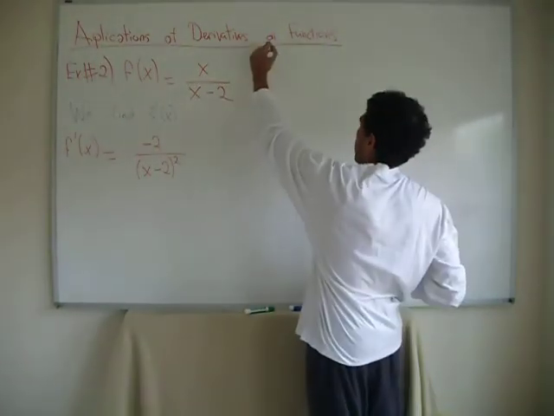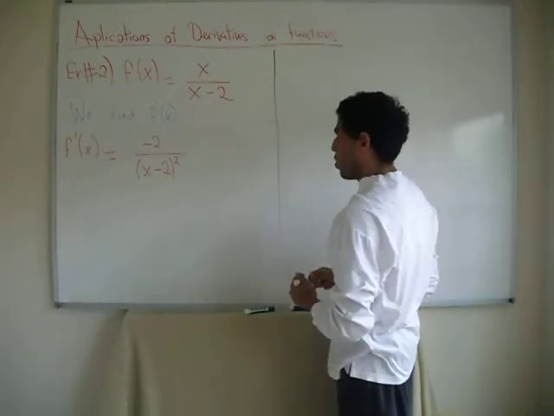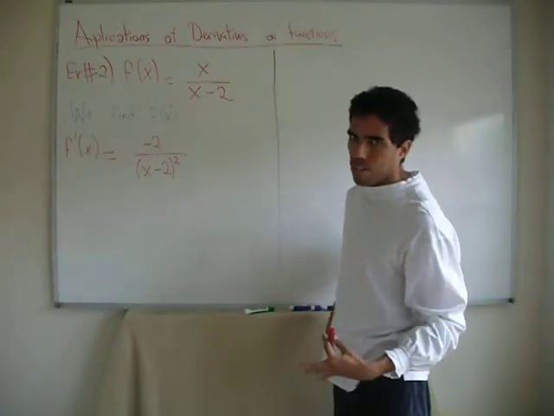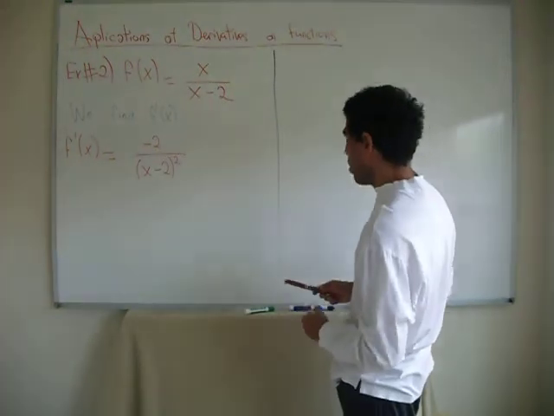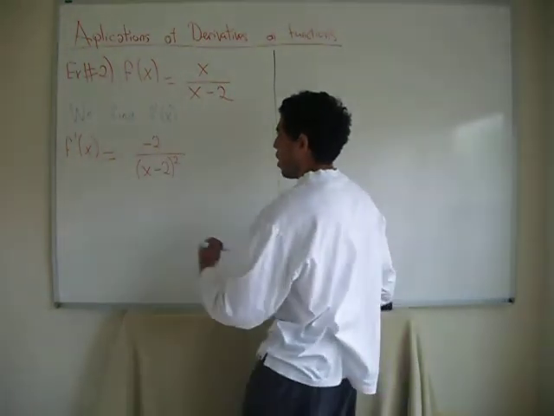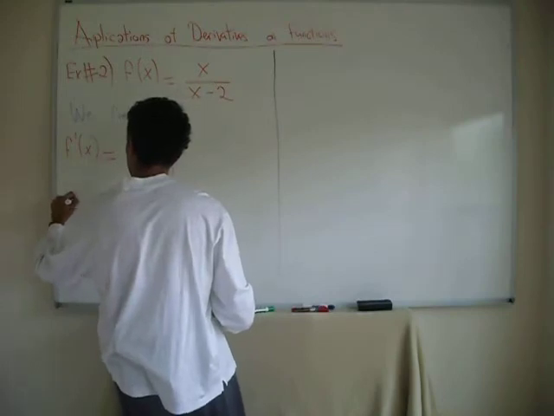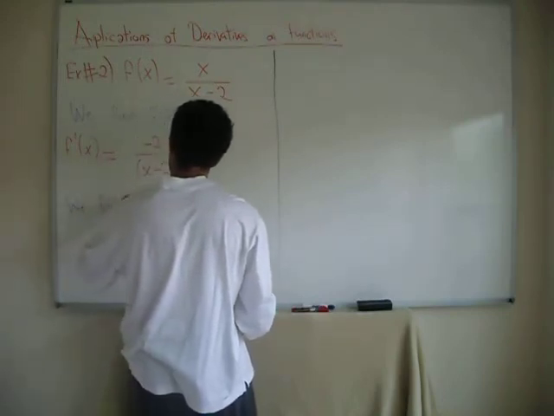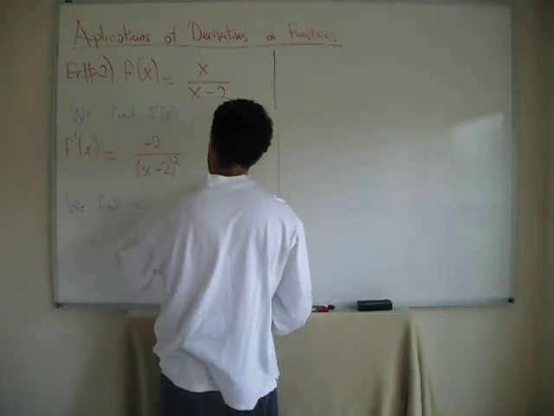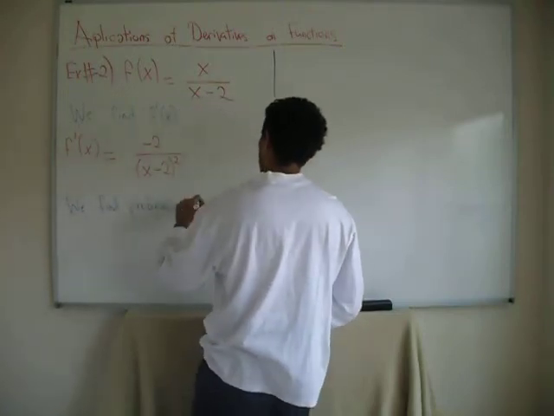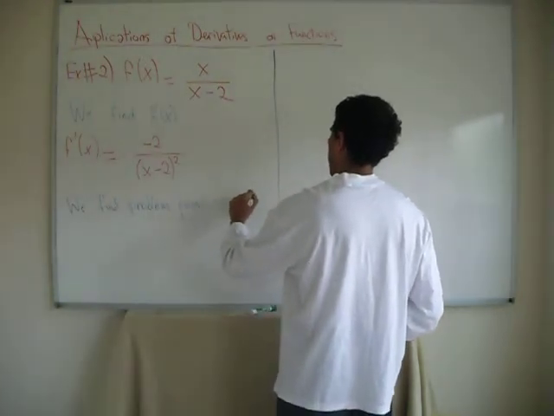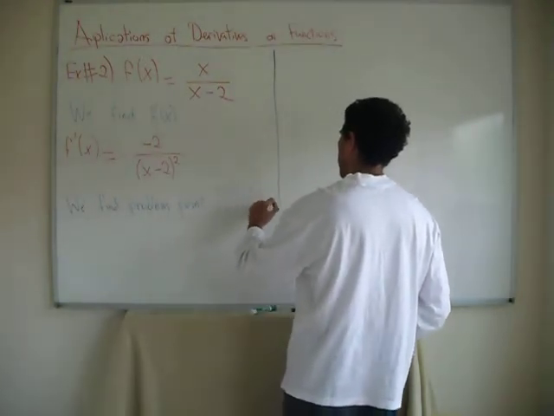It doesn't necessarily mean points where f prime equals 0, but any point where there's an issue with the first derivative. So we find problematic points, like for instance f prime of x equals 0.